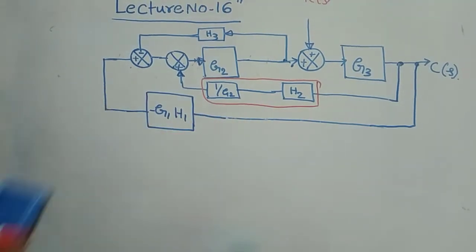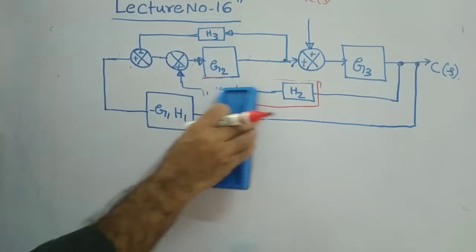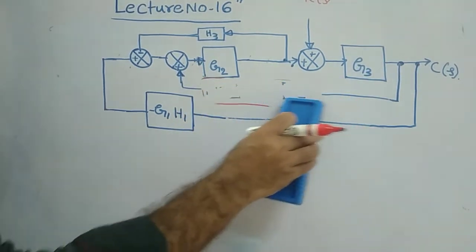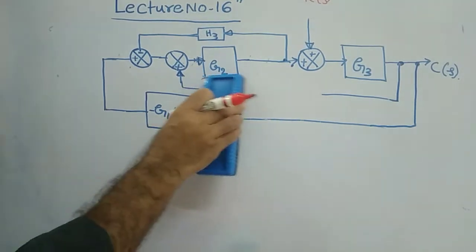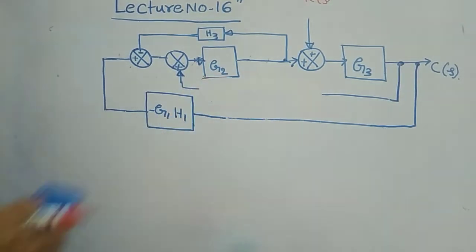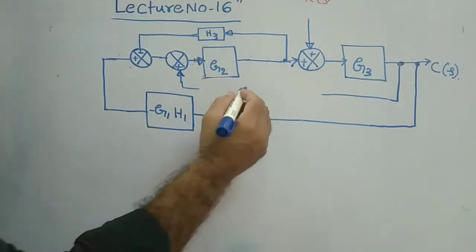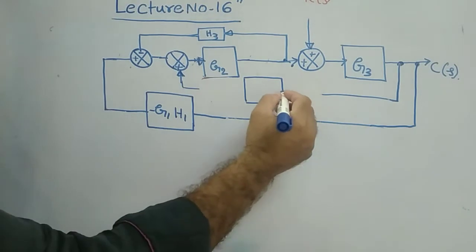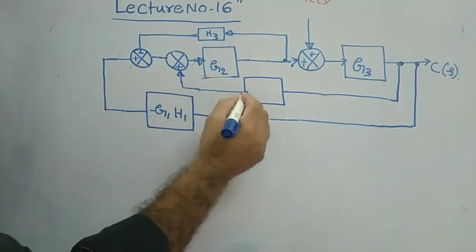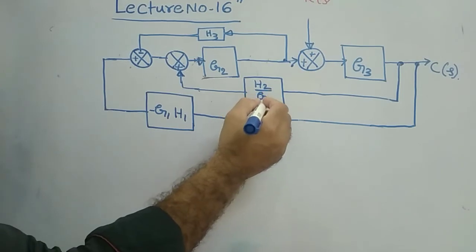Therefore, I can erase this, and in your notebook, you just write step by step. I am explaining in simple one block so that you will understand. So here it is H2 by G2.